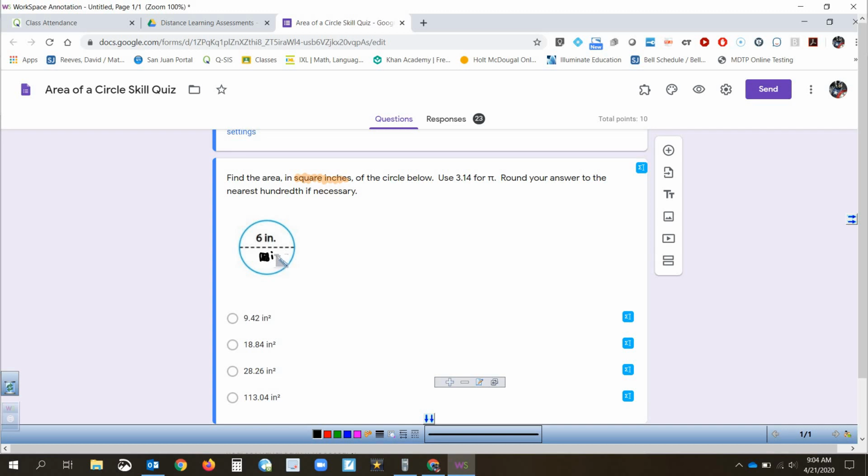If this is an inch up and down and an inch across, I'm saying how many squares that are an inch by an inch will fit, right? That square is called a square inch. So we're saying how many of these square inches will fit inside this circle.